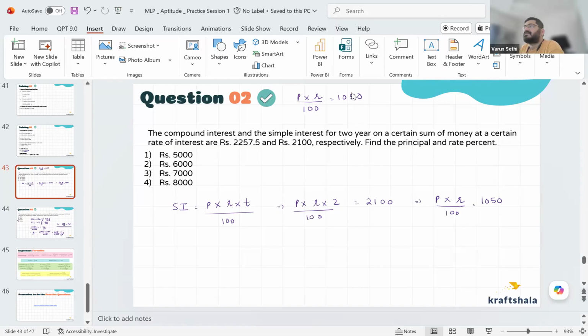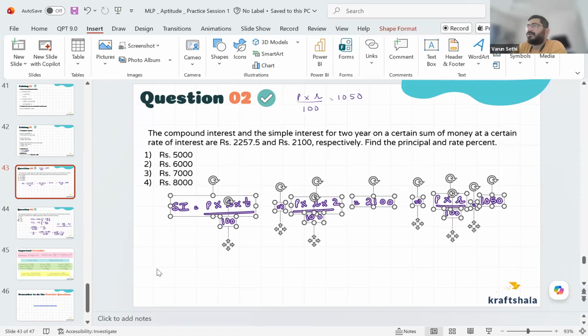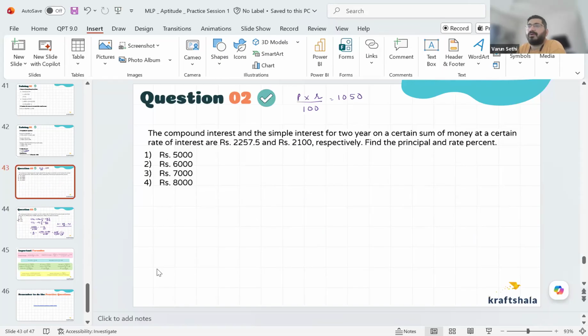Then they are saying for 2 years, the compound interest is equal to 2257.5. Now we know that the compound interest for 2 years is equal to principal times (1 plus R upon 100) to the power of T, minus P. In this case, T is 2.